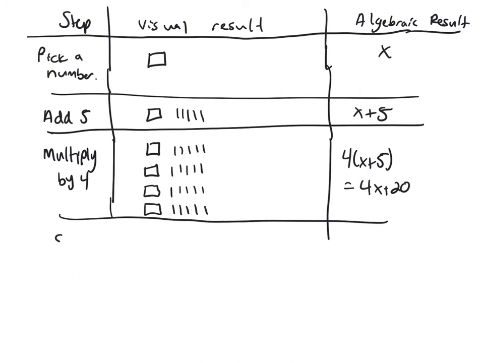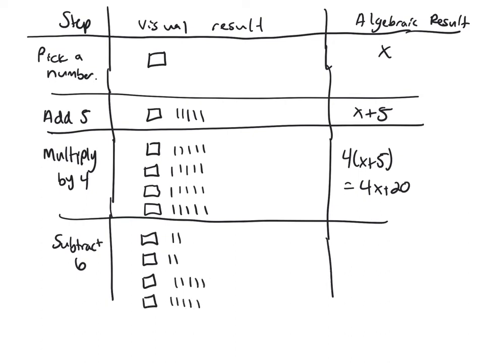And then we subtract 6. So I'm going to take away 6 of the vertical lines. And because of our next step coming up, I'm going to take 3 away from the top row and 3 away from the second row. Here I take and subtract 6 algebraically. I get 4x plus 14.